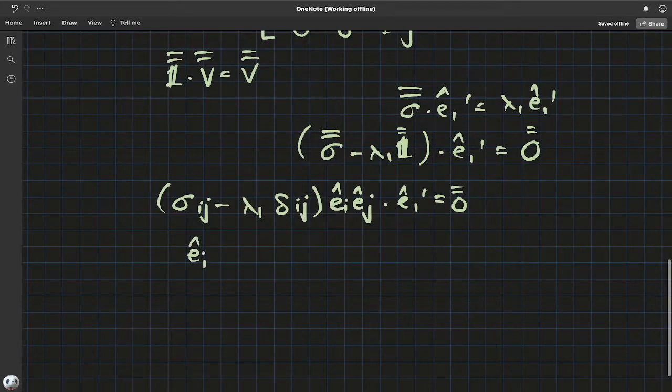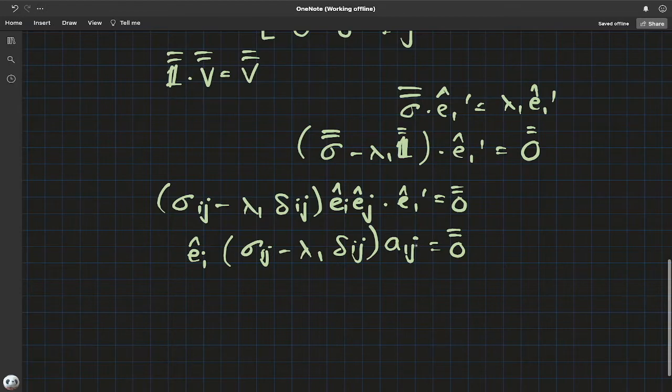So we can take the e1 on that side while we do this dot product. And here we're going to get, I believe, the transformation matrix between the prime and the unprimed. So a sub ij, this was covered in the last video, so please check that out if you haven't already.